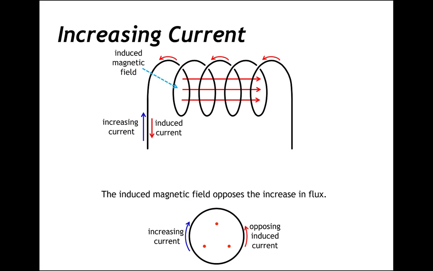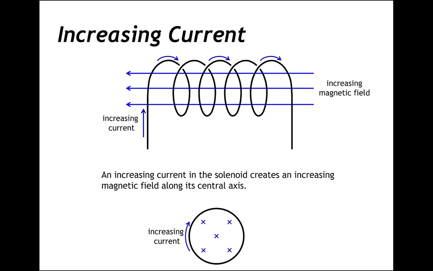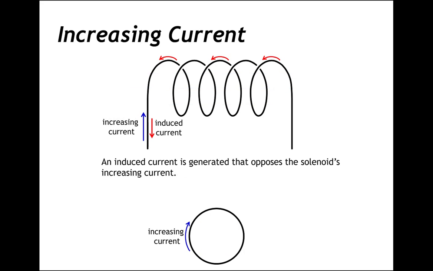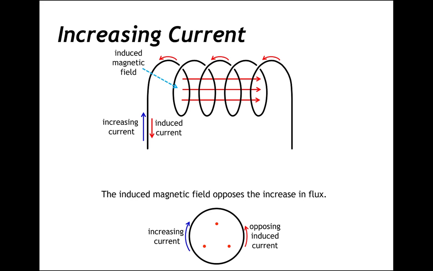Since the original magnetic field was going to the left, as you can see here, and that magnetic field is increasing, getting stronger and stronger in magnitude, the induced current is generated that creates a magnetic field to oppose the increasing current. So notice from the bottom image, the increasing current is circulating clockwise around the inductor, while the opposing induced current circulates counterclockwise, producing a magnetic field that's coming towards us.